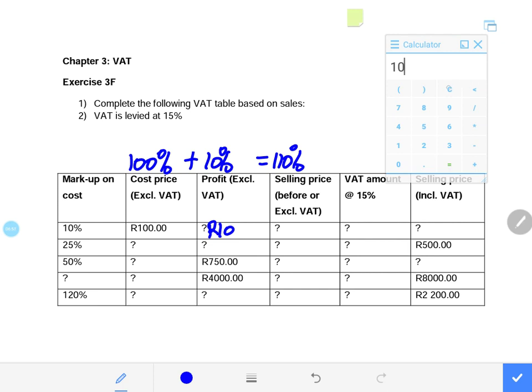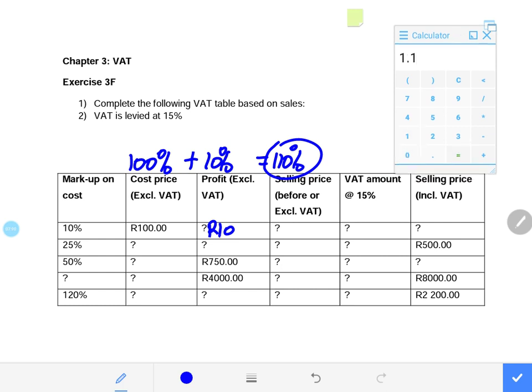How is that going to happen? Remember, we now have 110%. Here is our 110%. 110 divided by 100 is 1.1.